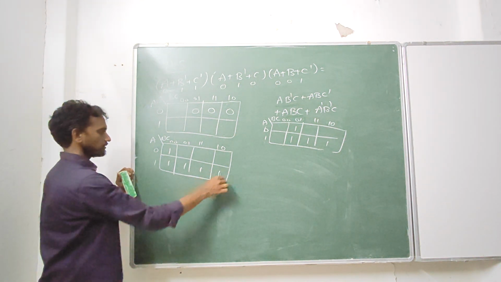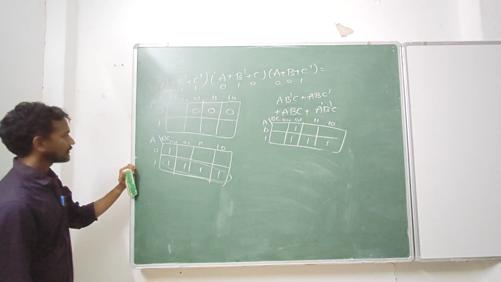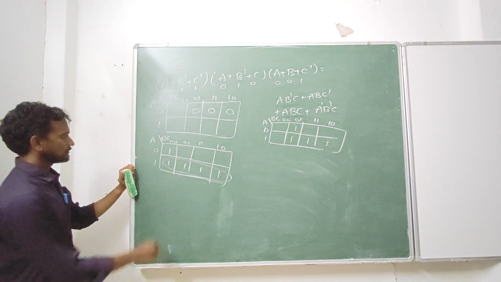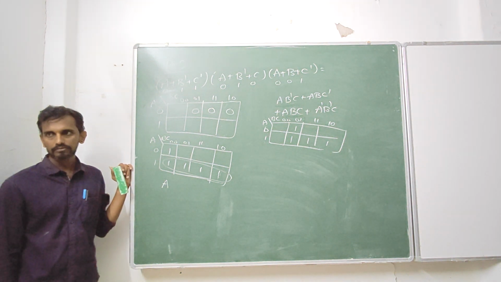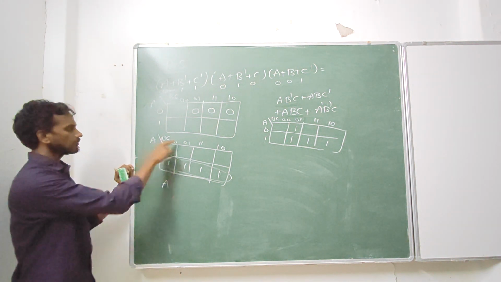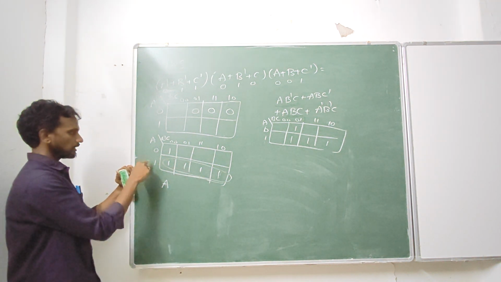So what do you get? This is equal to A. All BC terms, this entire line will become 1 and I will be left with A.